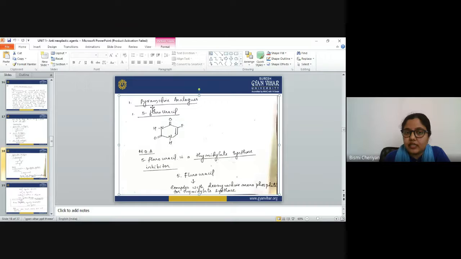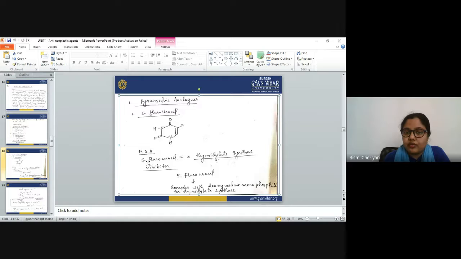That is why it is named 5-fluorouracil. Simply draw the structure of the pyrimidine, then substitute a double bond O at the second and 6th positions, and one fluoride atom at the 5th position. So this is the structure of 5-fluorouracil.